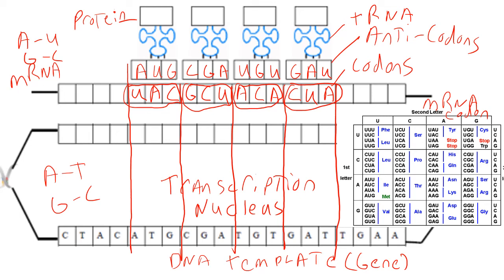Now, here we have codon number 1, UAC. Let's look it up. U, second letter A, third letter C. We have ourselves tyrosine, T-Y-R. Then we have GCU, GCU right there, and that's alanine.